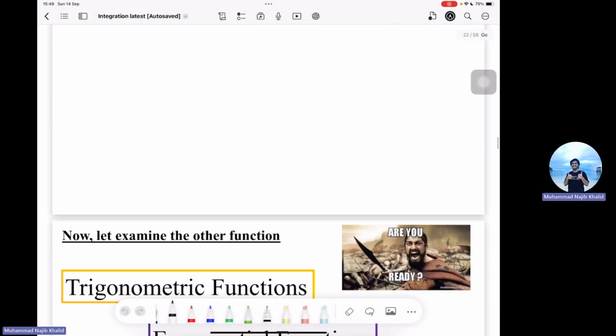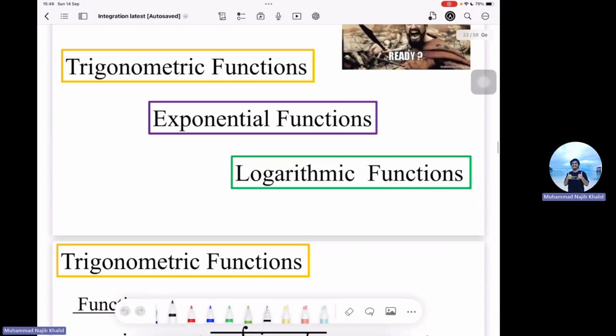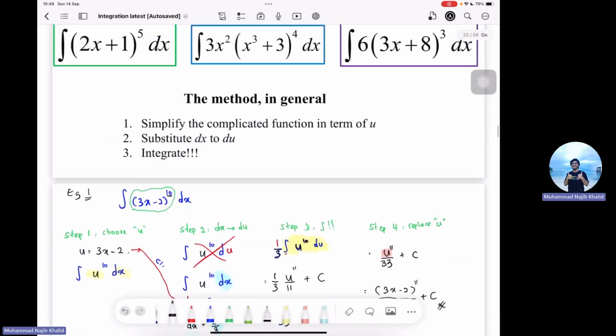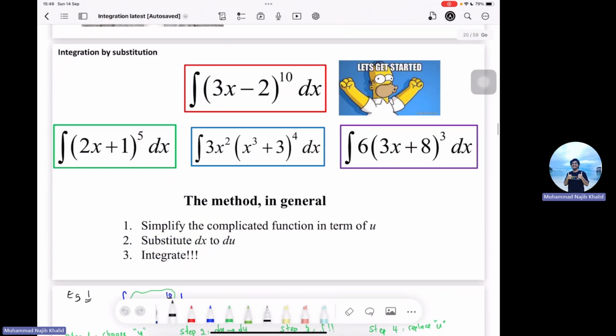In the notes, I have left you with some examples. We have done the first one, this red box. Could you please try at least the three others? Number one, green box. Number two, blue box. And the third one in the purple box.